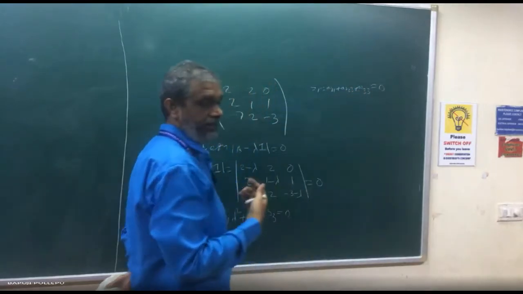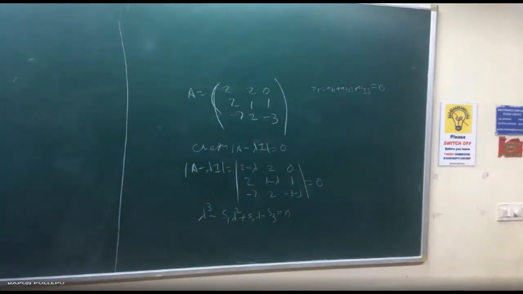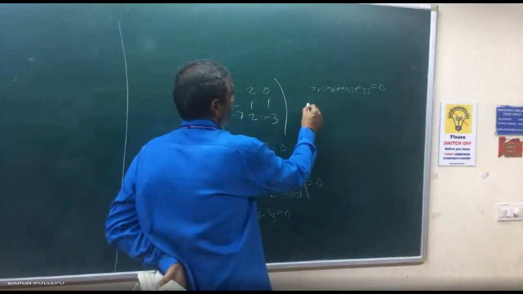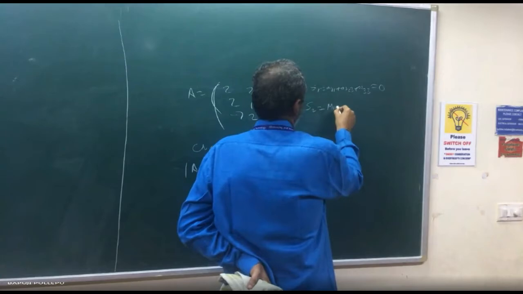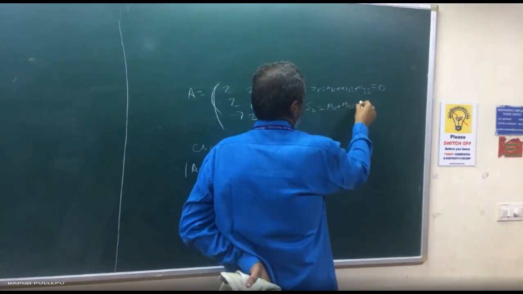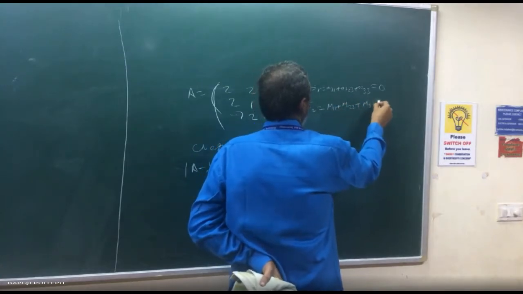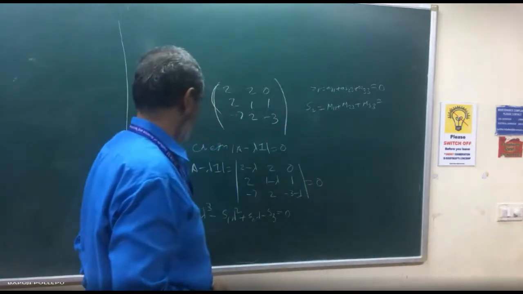These we already completed, not to be taken for granted; the same problem we are starting. S1 is equal to a11 plus a22 plus a33, which is 0. S2 is the sum of the minors of the diagonal elements, M11 plus M22 plus M33, which I got as minus 13.